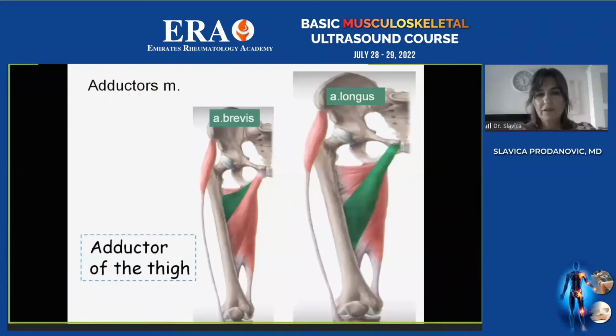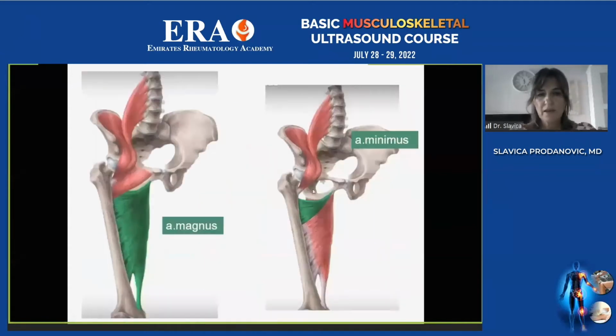And we have the adductors of the thigh, from deep to superficial. We have adductor brevis, as you can see, green colored, adductor longus, and the most superficial is adductor magnus.